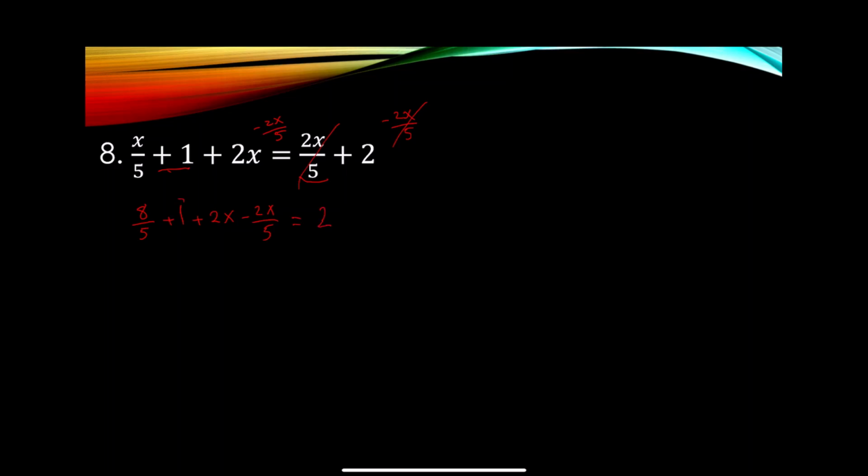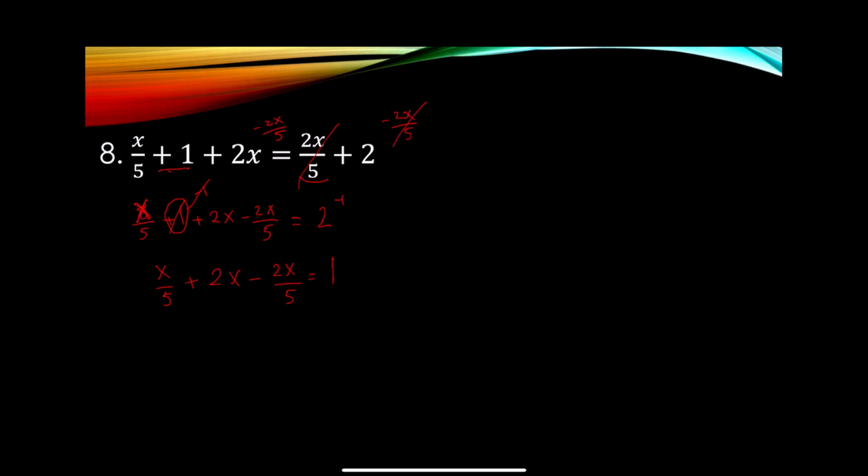Now we need to add negative 1 to both sides. I don't know why I wrote it as 8. It should be x over 5, sorry for that. X over 5 plus 2x minus 2x over 5 equal 2 minus 1, which is known to be 1.